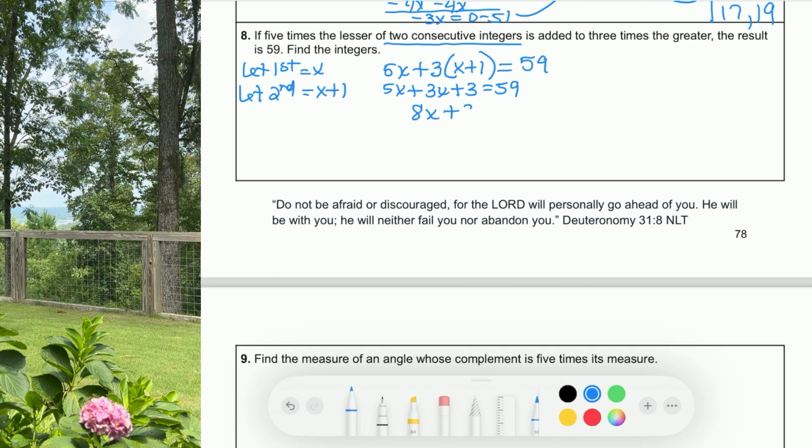Add our x's together. We get 8x plus 3 equals 59. Subtract the 3. We get 8x plus 0 equals 56. Let's see, rewrite that. Divide both sides by 8.